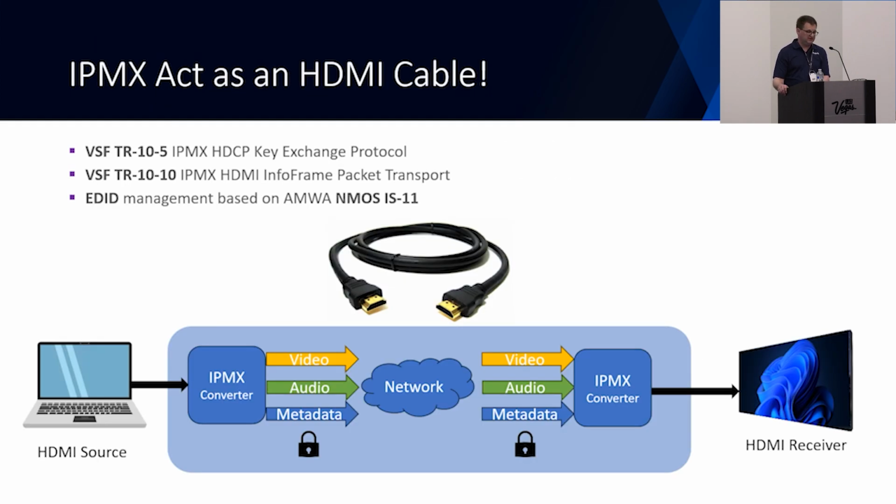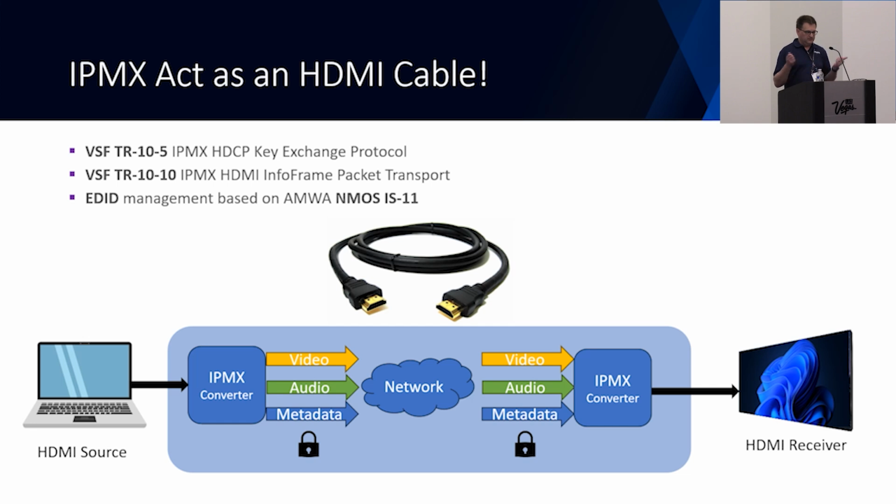So as we can see, using TR-10-5 HDCP, TR-10-10 InfoFrame, and EDID management from IS-11, you can make your IPMX network just behave like an HDMI cable from end to end.